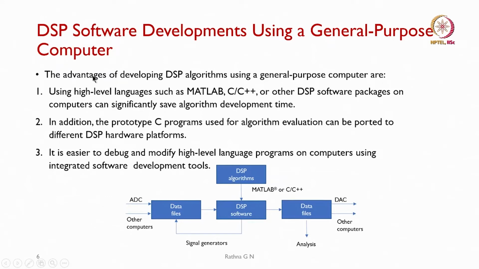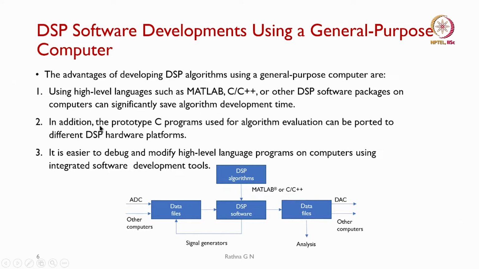Coming to the software side, how is a general purpose processor advantageous? We will see it here. One is that we use high level languages such as MATLAB, C or C++, or other DSP software packages on computers, which can significantly save algorithm development time. Even nowadays Python is one of the popular ones that can be used to test your prototype.